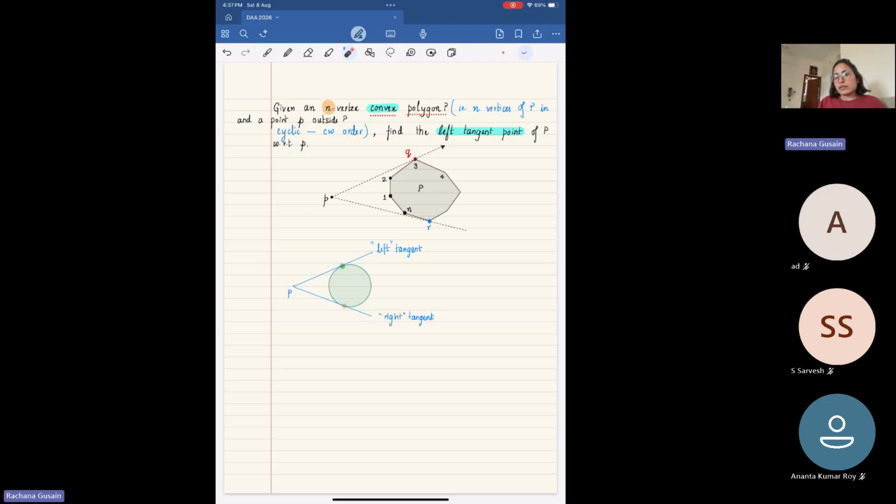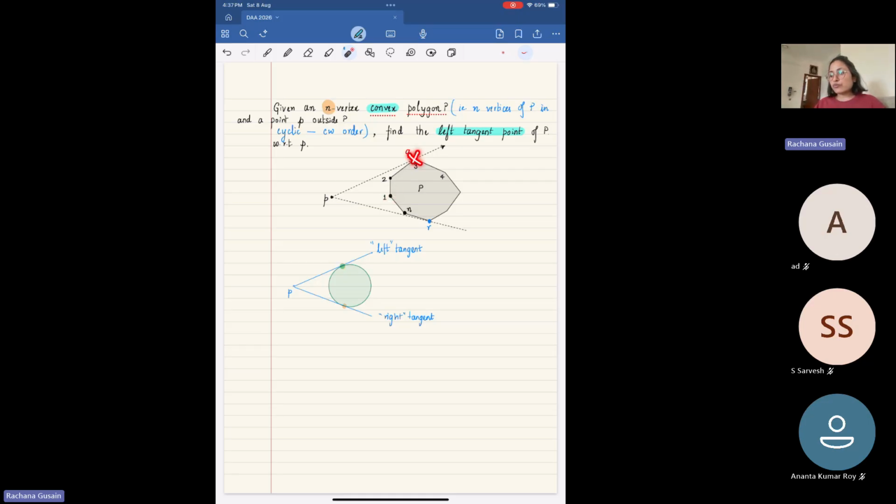But I also want you to make use of the fact that all these points are given to you in a cyclic order, plus they form a convex polygon. Can you identify the point Q quickly? Say I give you 2 points in this set, say point number 1 and point number 3.